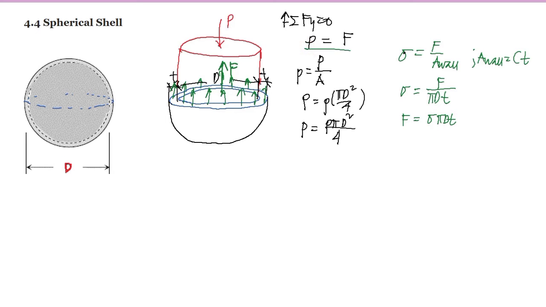So therefore, if we are going to equate this, we would have p pi d square over 4 is equal to stress pi dt. So that would give us stress is equal to, cancel yung pi, cancel yung isang diameter, and this would be equal to pd over 4t.